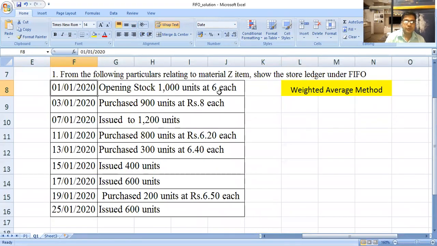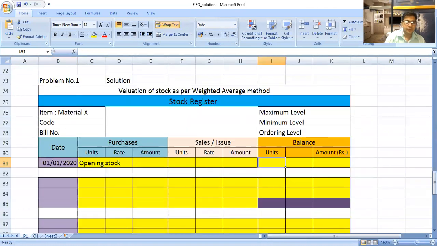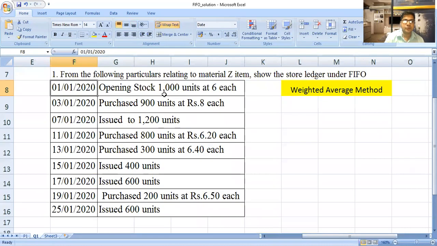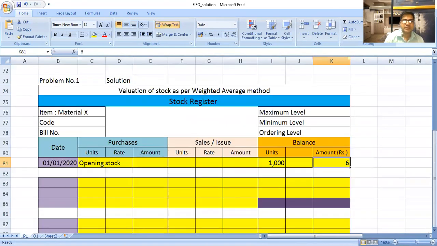The number of units 1000, rate not necessary to write, directly we put the amount. 1000 into 6, it means 6000.